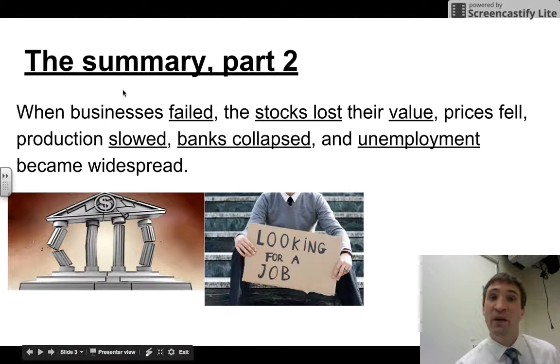Part 2. When businesses failed, the stocks lost their value, prices fell, production slowed, banks collapsed, and unemployment became widespread. So when businesses fail, lots of other things happen, which leads to people looking for a job.